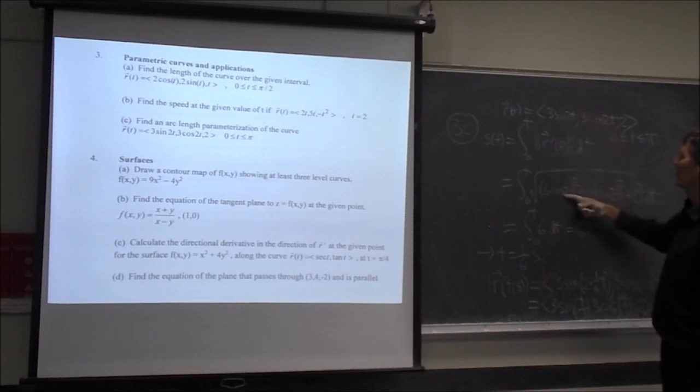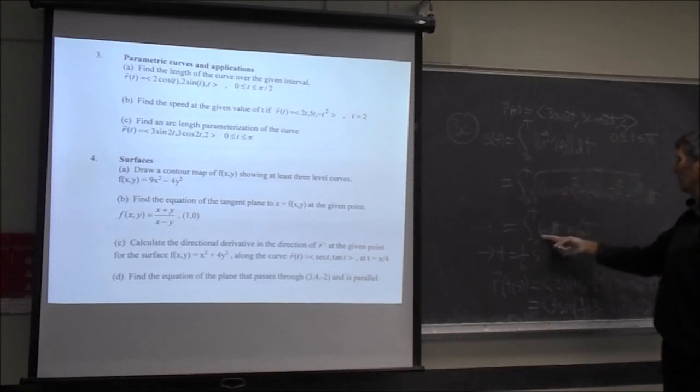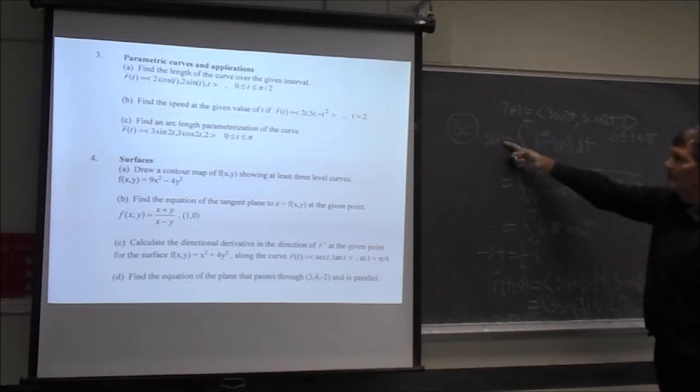It's this derivative squared plus this derivative squared plus this one's derivative, 0, squared. In 3 dimensions, we have 3 components, root sum squared. But this all just reduces to 6, right? Cosine squared plus sine squared being 1. So we integrate 6, and we find that we get 6t as the arc length along the curve.